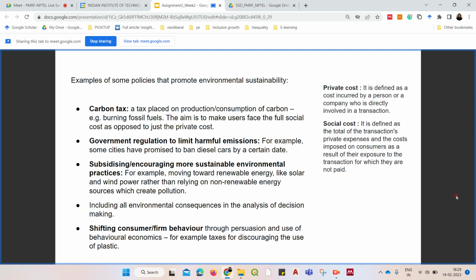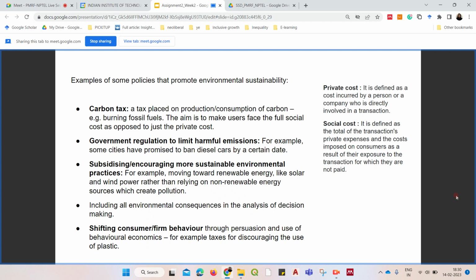So what this means is that private cost is the cost which any individual faces directly in a transaction, whereas social cost is something which the individual faces as a direct part of the transaction, but it also involves the cost which the consumers of that product will face due to the exposure to the transaction, which they are not paying.